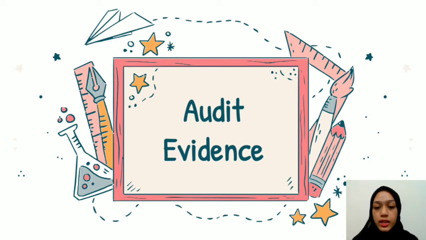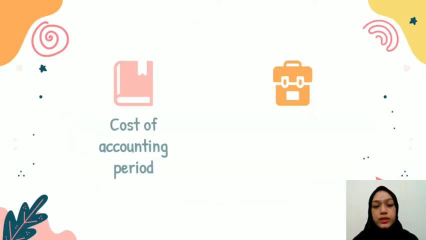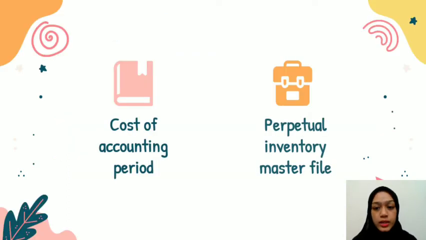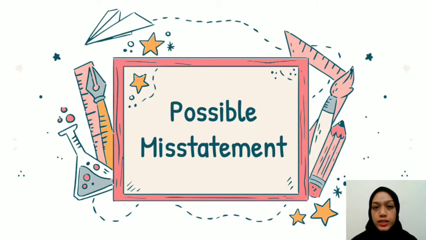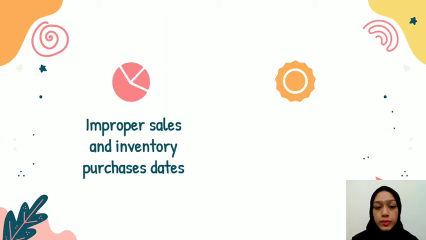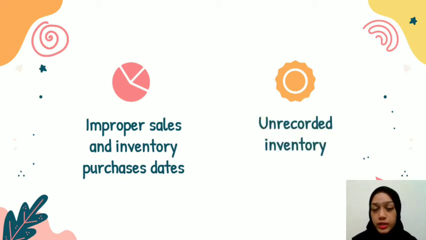Next, the audit evidence for cut-off is cost of accounting period and perpetual inventory master file. The last one is possible misstatement. The possible misstatement for cut-off can be improper sales and inventory purchase dates and unrecorded inventory.